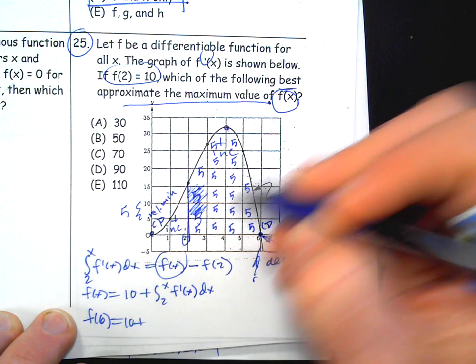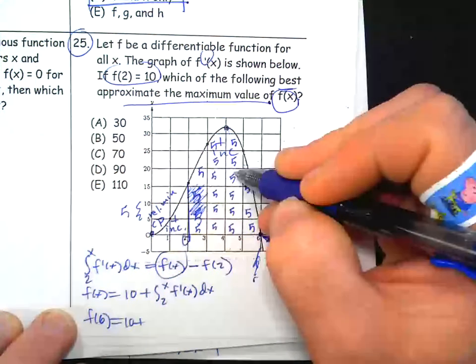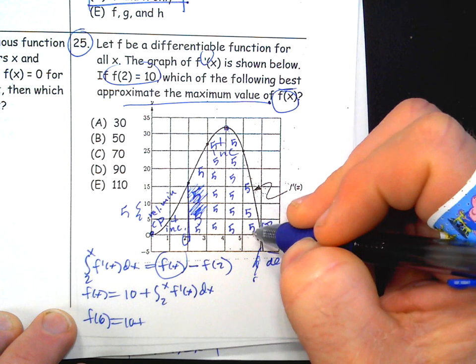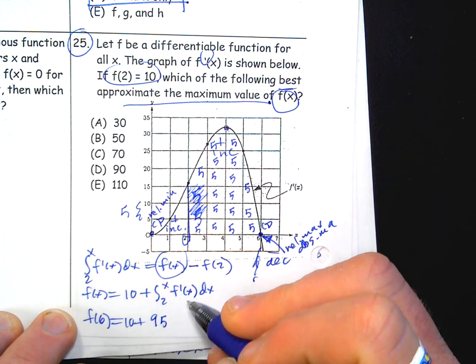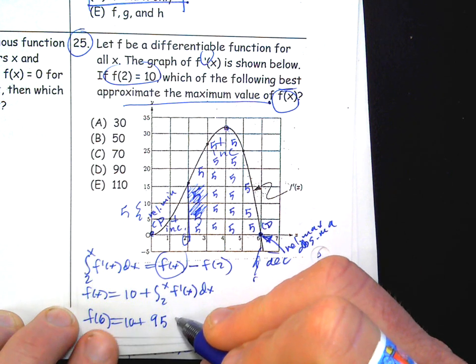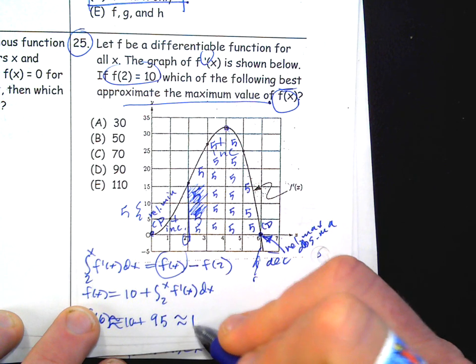So 10, 20, 30, 40, 50, 60, 70, 80, 95. So I'd say around that, about 105.